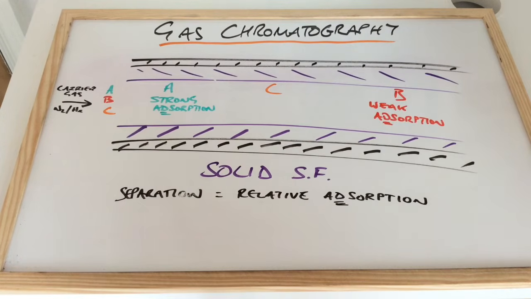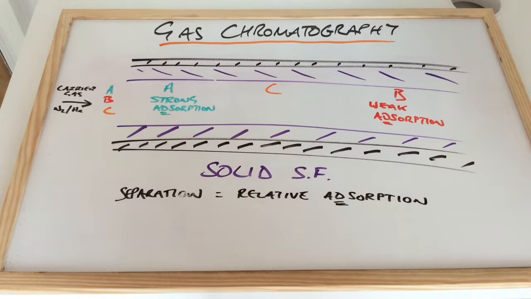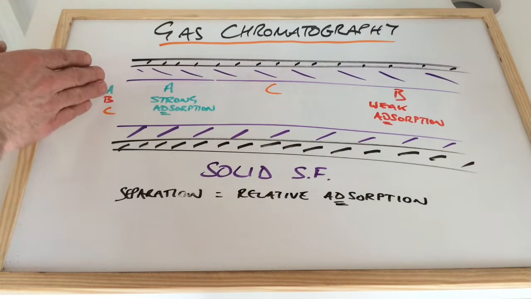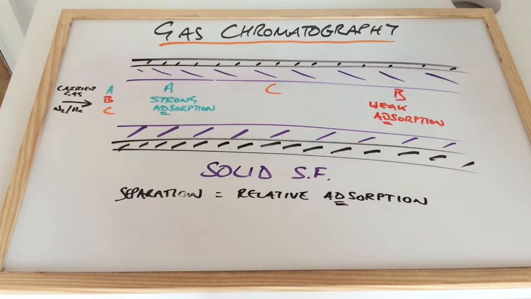Remember what happens once they've gone through the capillary column, they hit the detector. B is going to hit the detector first, and so that's going to have a short retention time. That's what we measure when we operate gas chromatography. The time it takes from the injection of the sample to the detection of the component is what we call the retention time.